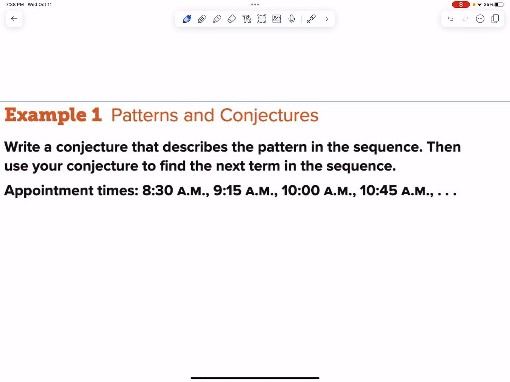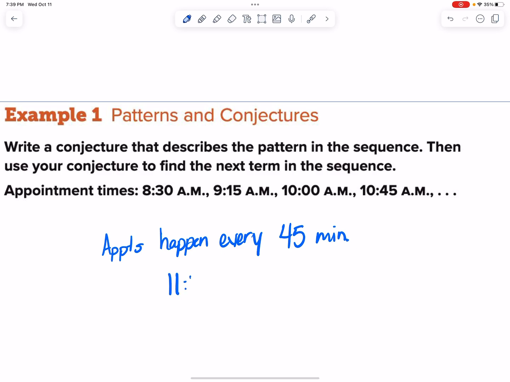So that can be our conjecture: appointments happen every 45 minutes. Once we've made our statement, now we can say our next appointment time should be at 11:30 a.m.